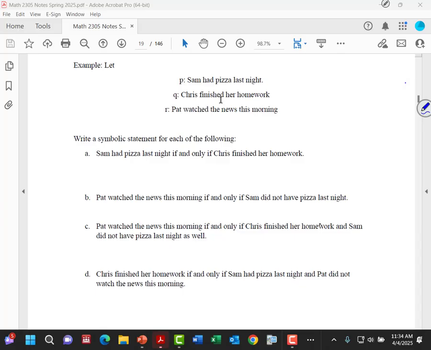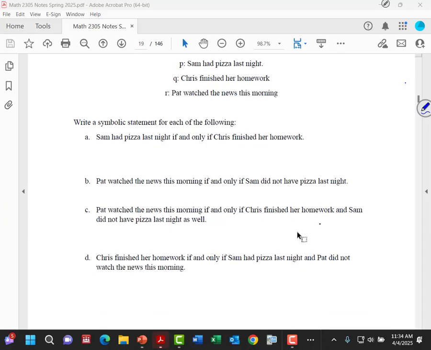We may not know the truthfulness of these statements, P, Q, and R, but each of them are either true or they are false. Either Sam had pizza last night or he did not. Either Chris finished her homework last night or she did not. And Pat either watched the news this morning or he did not.